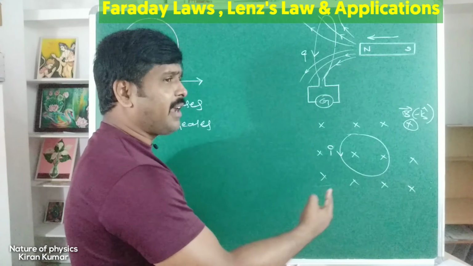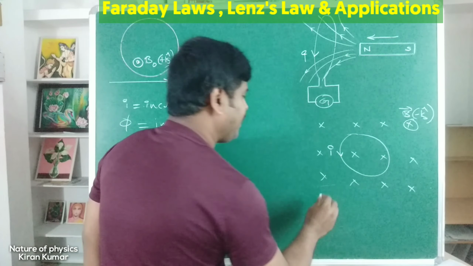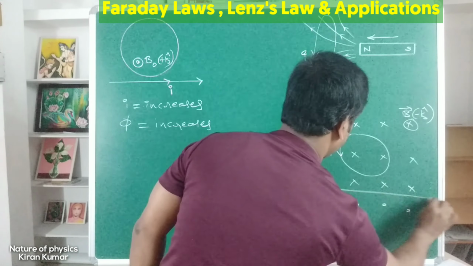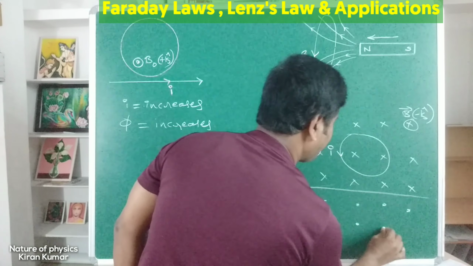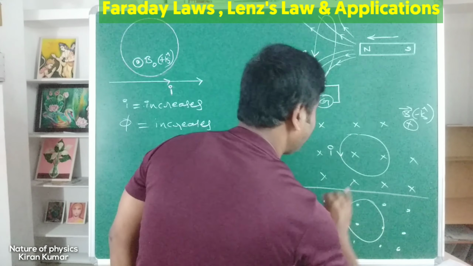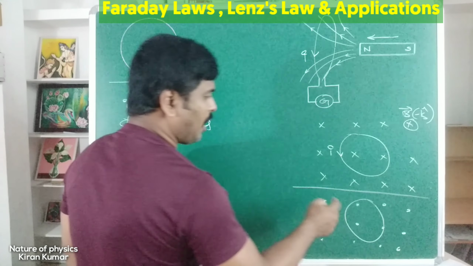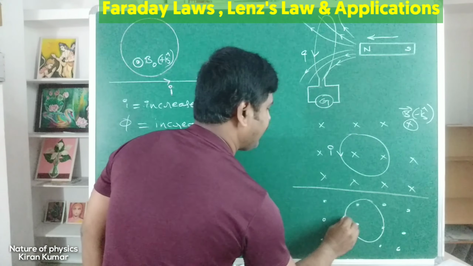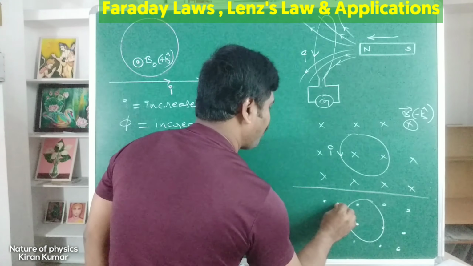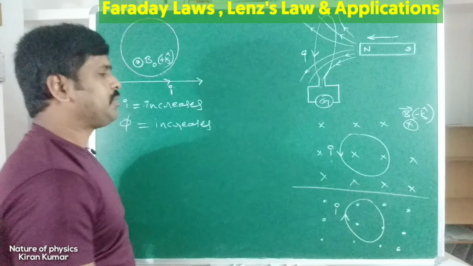Similarly, if the magnetic field is out of the paper, what happens? The induced current direction is clockwise, opposite to the first one.